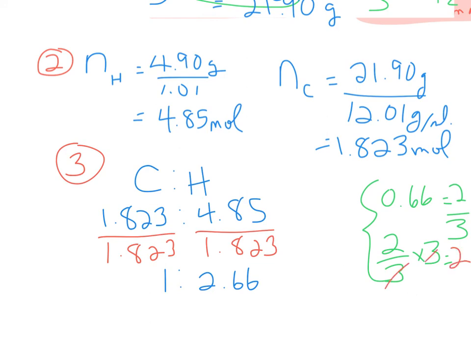And so if I have a 0.66, I'm going to multiply by 3 to get rid of that 0.66. When I do that, I get a 3 to roughly 8. I'm getting 7.98. That's safely roundable to an 8. And so this is telling me that my ratio is 3 to 8.